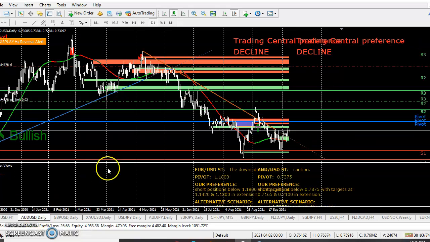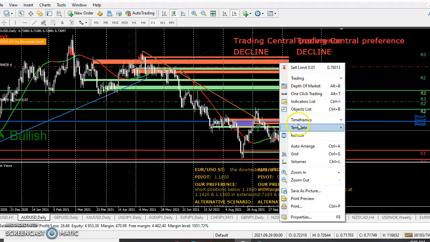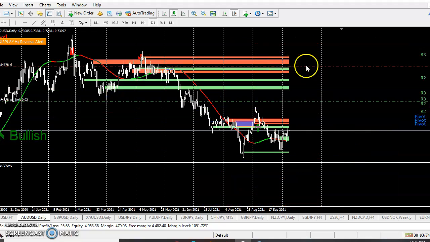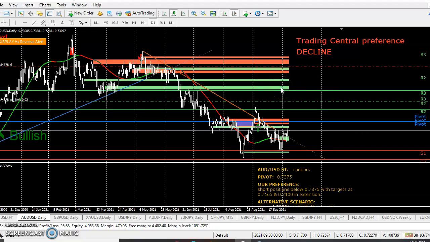Move on to odd US, and we got the same exact scenario. We got a bearish day and a bullish 4-hour.